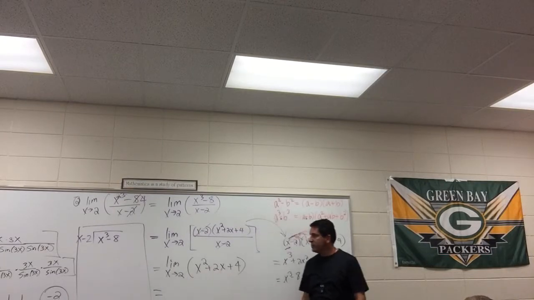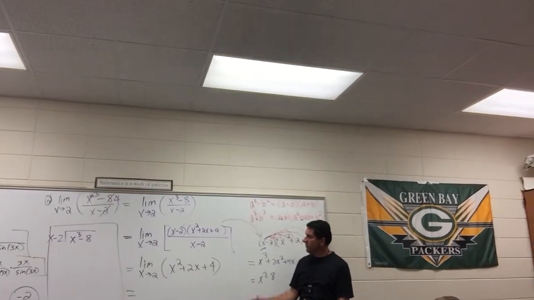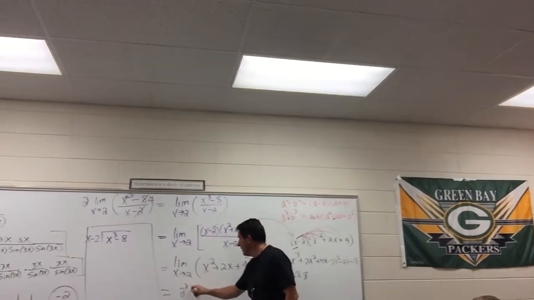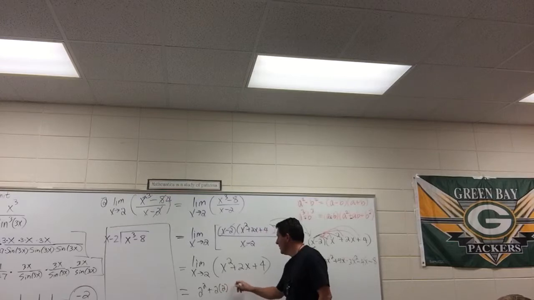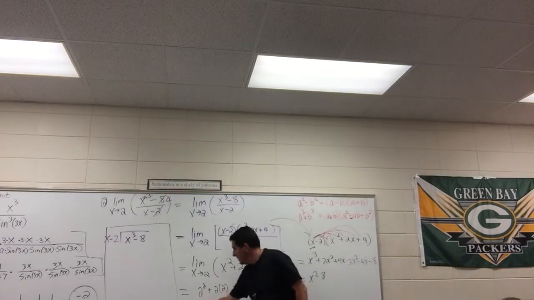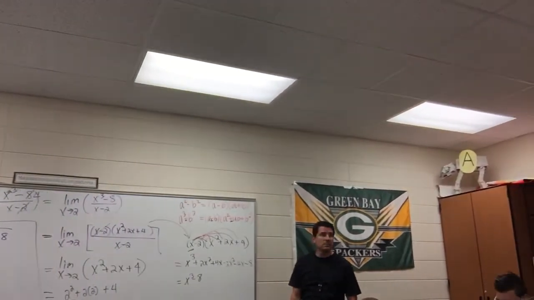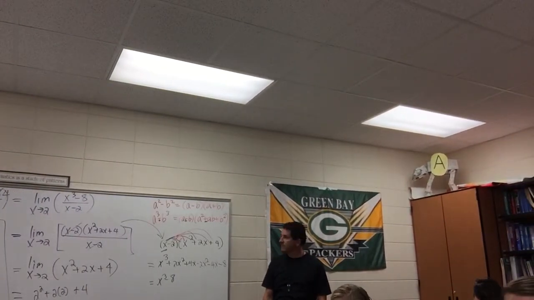It's a continuous function. There's no problems. There's no holes or asymptotes, so I can just plug in the 2. And so I get 2 squared plus 2 times 2 plus 4, which is 4 plus 4 plus 4, which is 12. Okay.